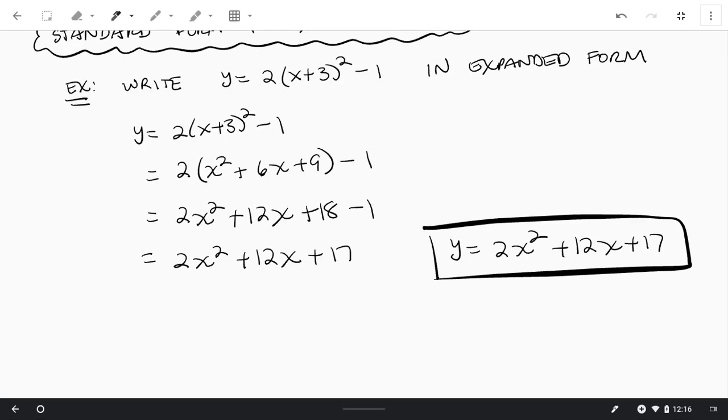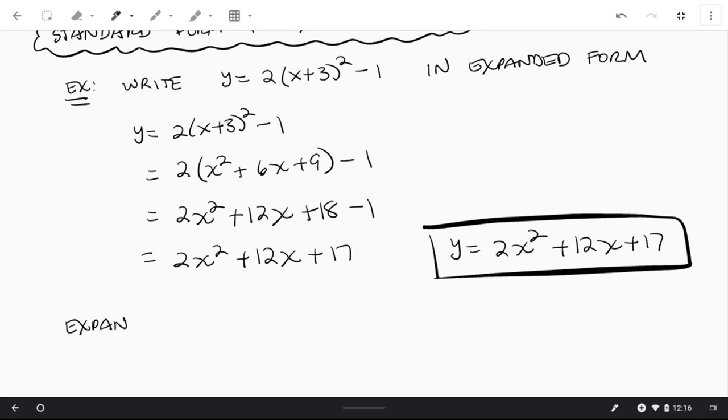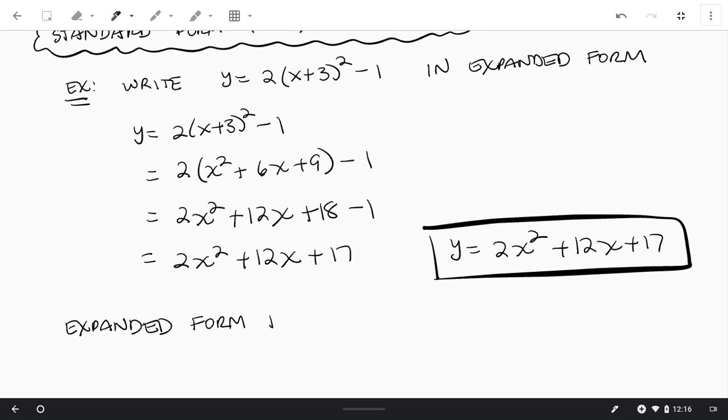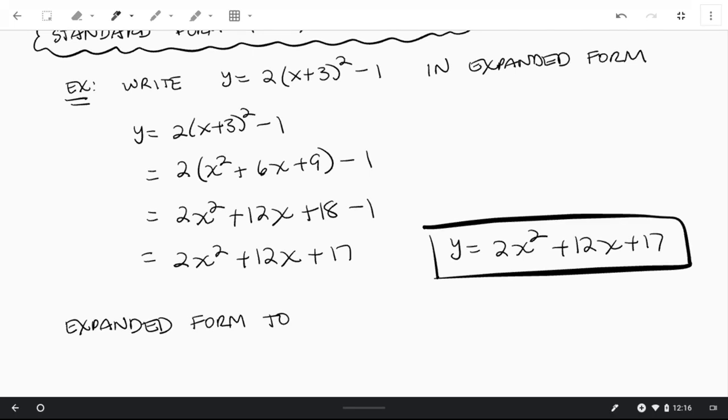Okay, so now let's go from expanded form to standard.